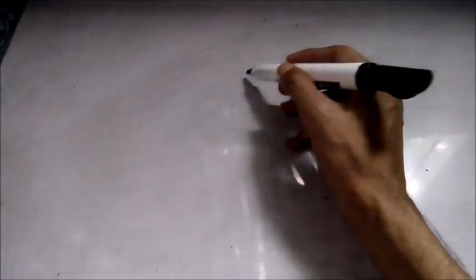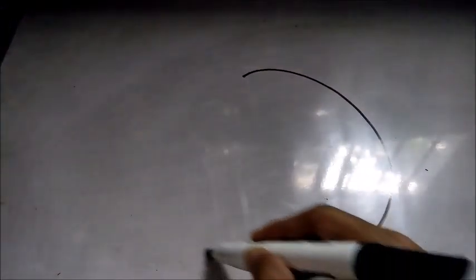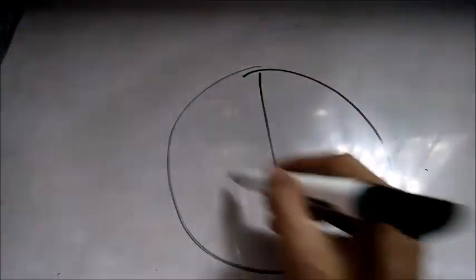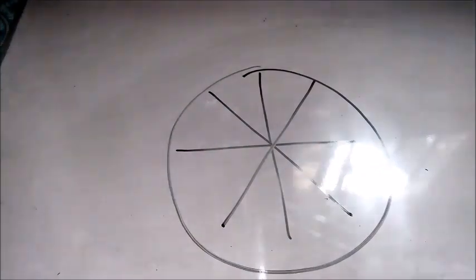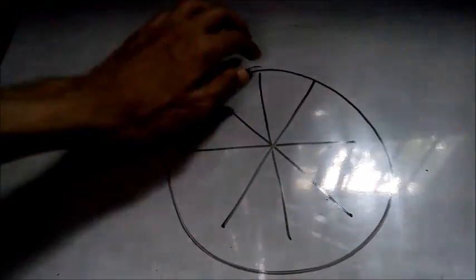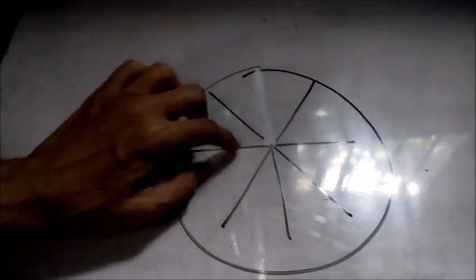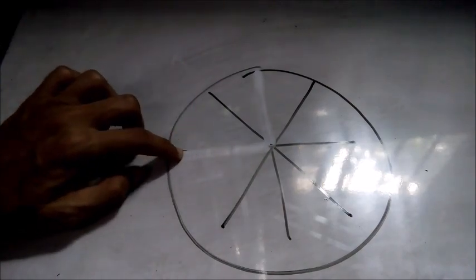Now if you want to know about the limb leads, imagine that you have a pizza in front of you, right? And a pizza usually has 8 slices. We're going to rub out these two lines, this line and this line, right? And the lines that are left are the limb leads, right?